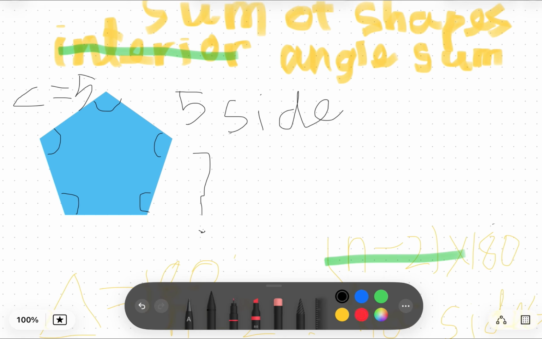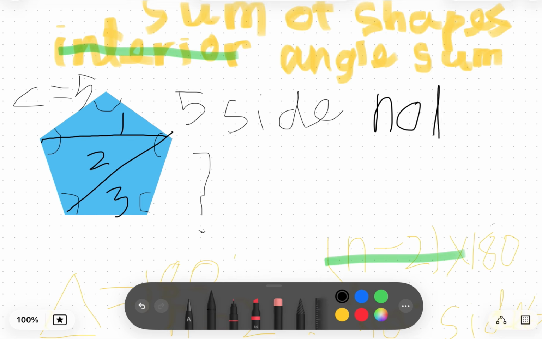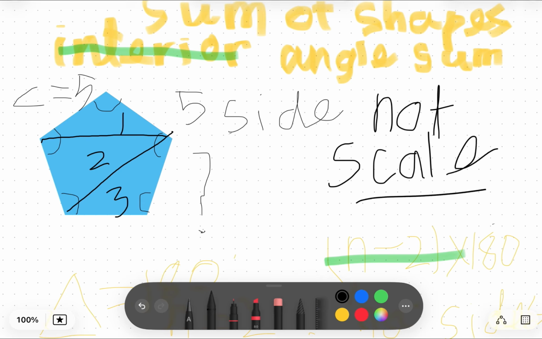So if we break this shape down into 3 triangles, 1, 2, we would draw 2 lines like that, 1, 2, and 3. Remember that this is not to scale. I'm going to clearly note that, not to scale. Ignore my drawing skills. So as you see, we have 3 triangles in the shape.